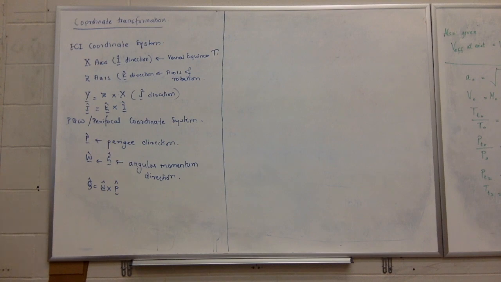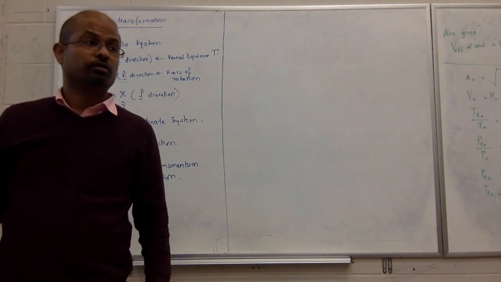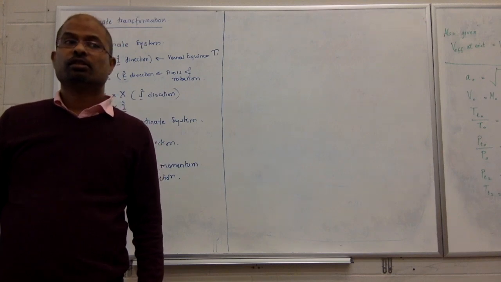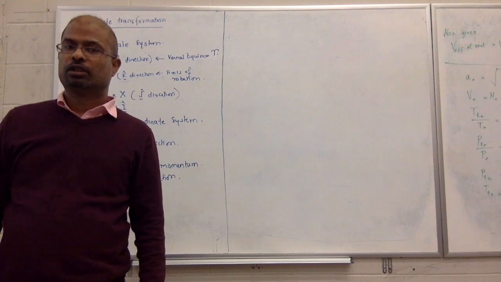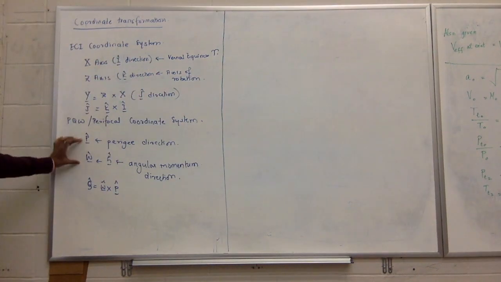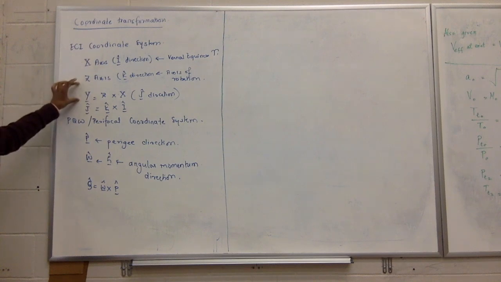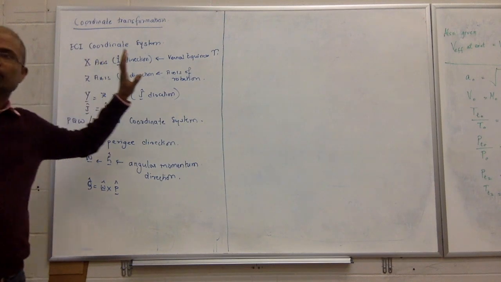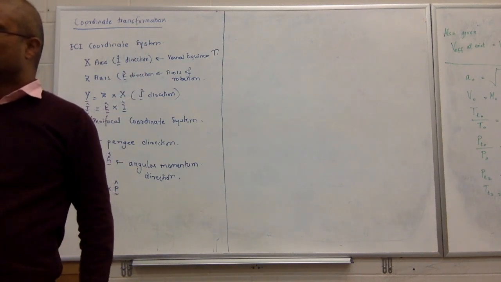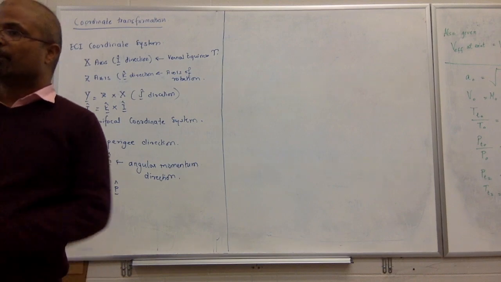For a coordinate system, you can do it with two known directions, and the third completing the triad. You can also do it with a plane, and the perpendicular to the plane.